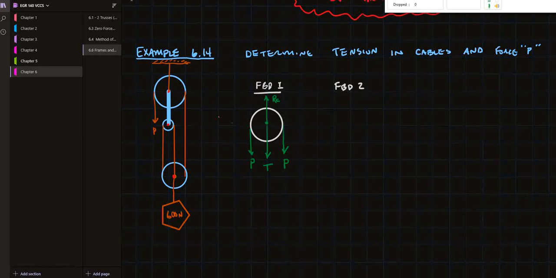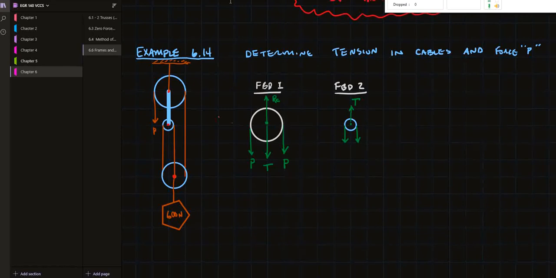Let me do some more. Free body diagram number 2. If I number these, I'll be able to refer to them. Okay, this one's a smaller pulley. And we have then an opposite load here, opposing this, of T. And then we have 2 forces here.